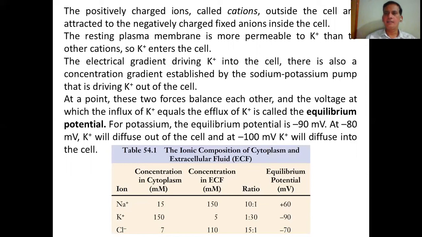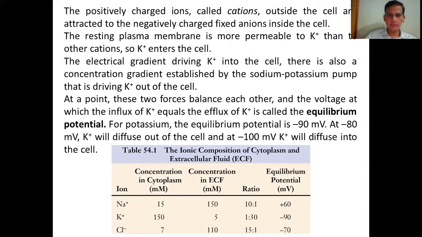In the other case, if the value goes from minus 90 to minus 100 millivolt, the potassium ions will diffuse inside the cell, so as to again maintain the equilibrium potential at minus 90 millivolt.